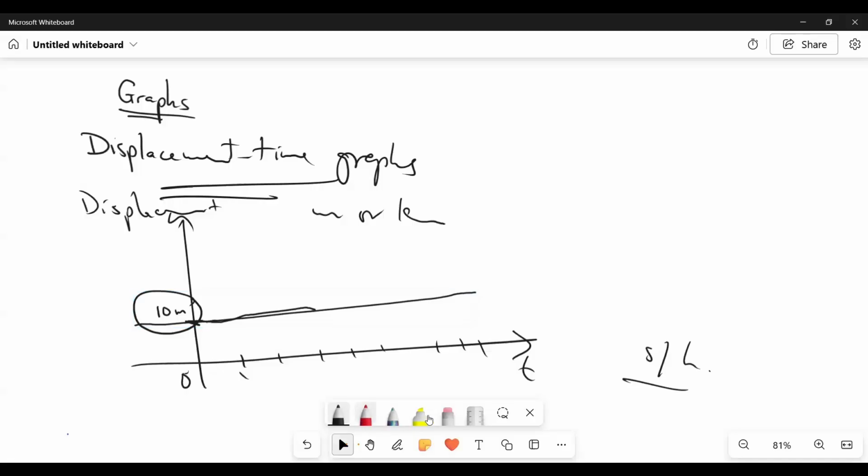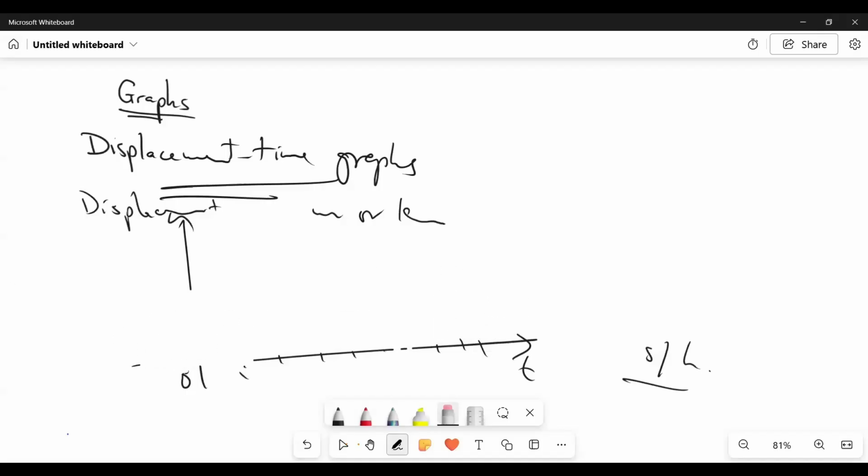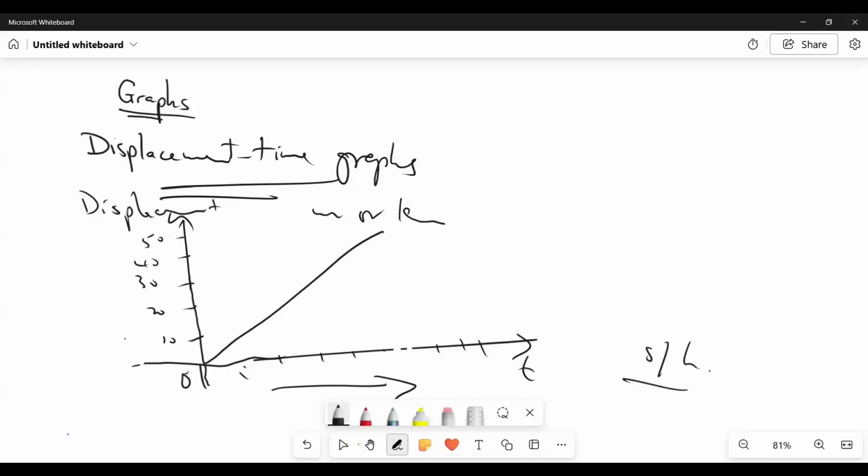Then you can have, all right, let's change it up. So let's draw back our axes. And maybe you have something like this now. Straight line. What's happening here? 10, 20, 30, 40. What's happening here? As time is going on, what's happening?